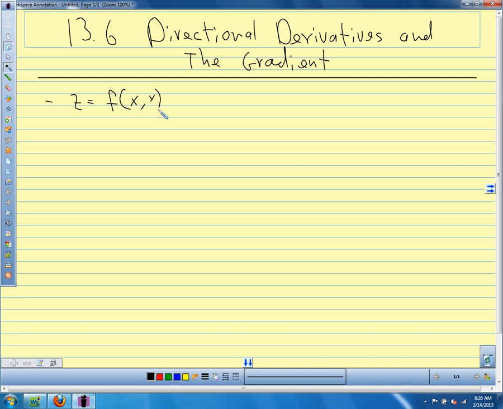So our goal is, we have z equals f of x, y, and we want to find the rate of change in z in the direction of some arbitrary unit vector.